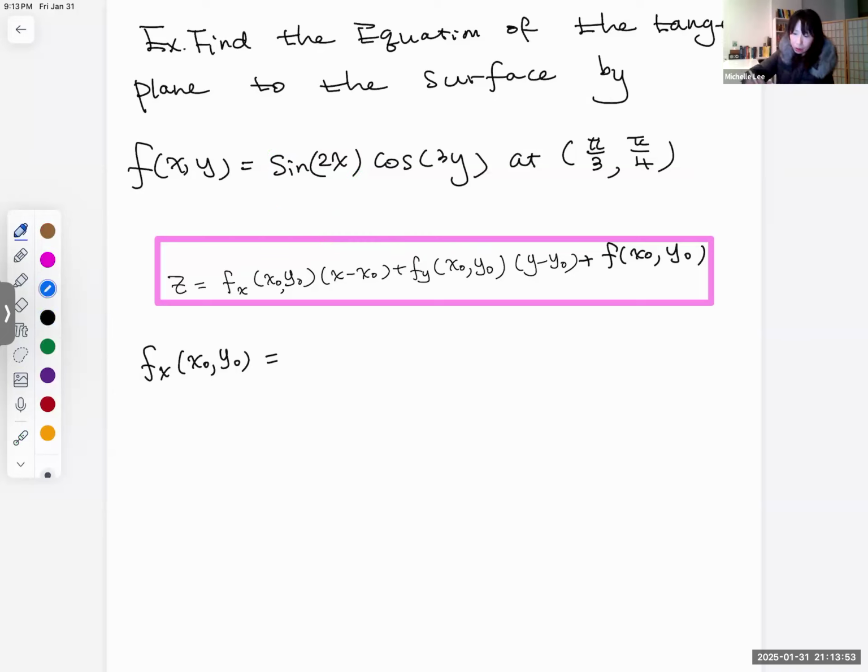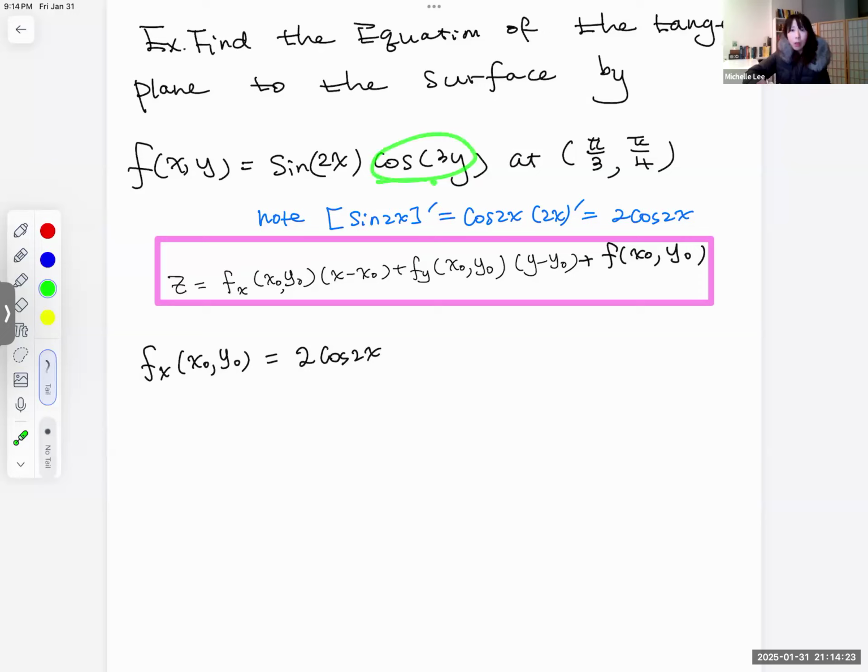So note, derivative of sine 2x is cosine 2x, and with the chain rule, so 2 cosine 2x. Yeah. Okay. So let's write down 2 cosine 2x.